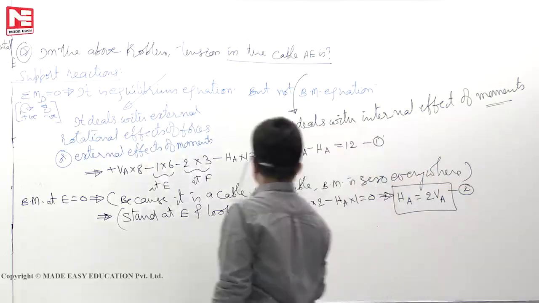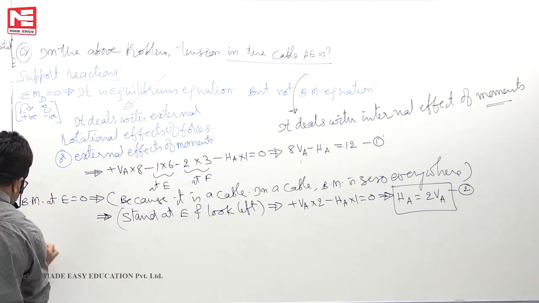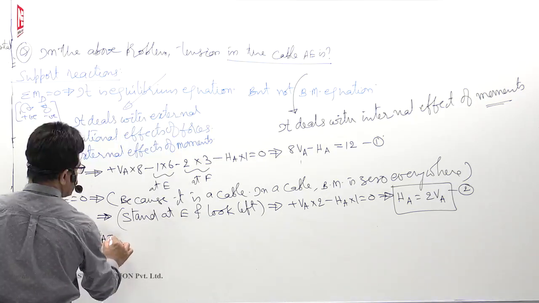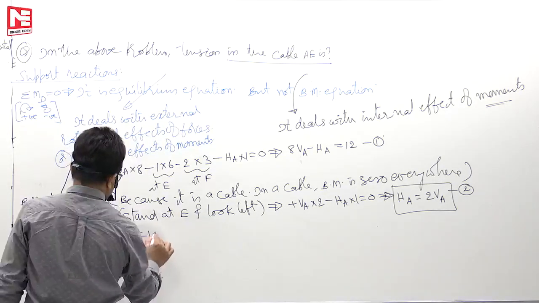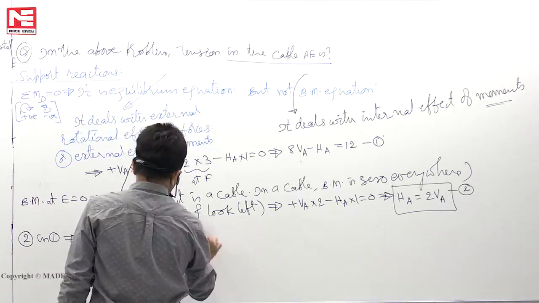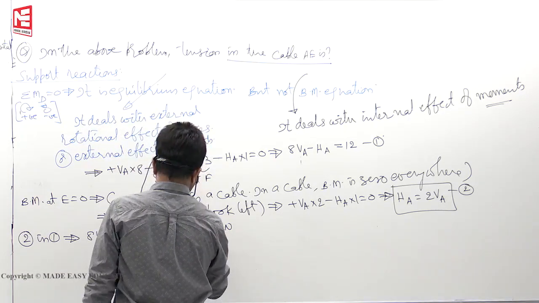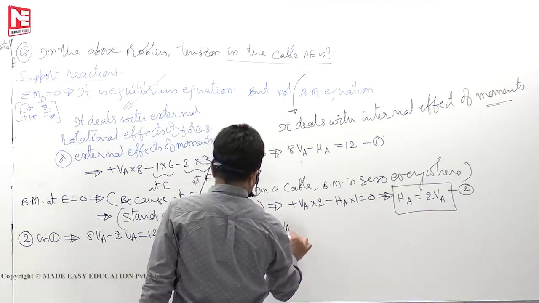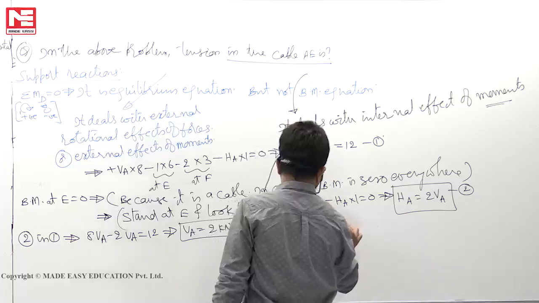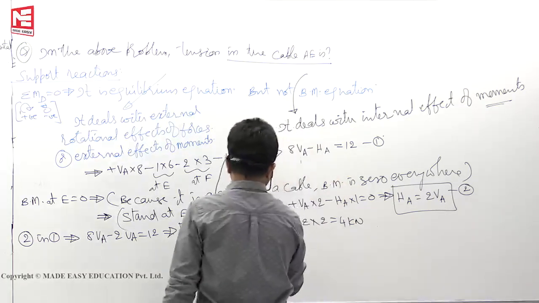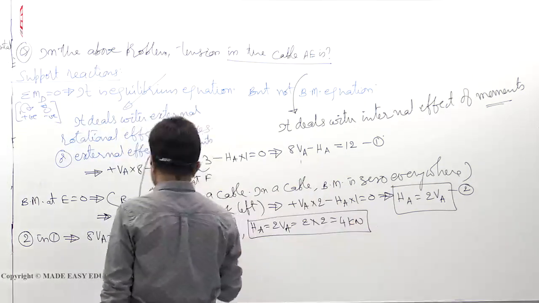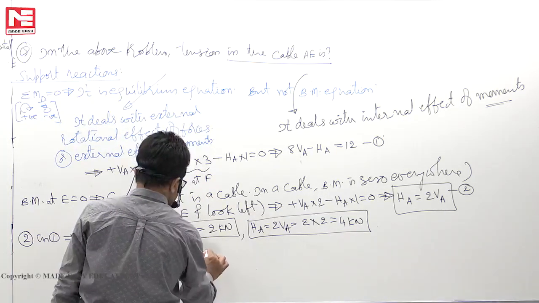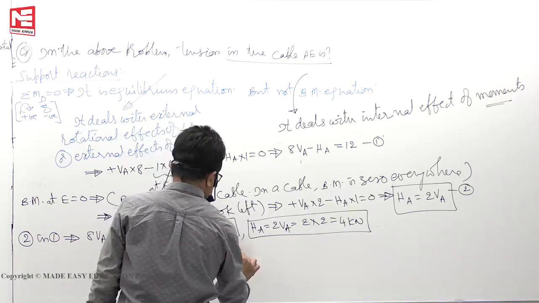Call it as 2. Now, 2 in 1: 8 VA minus HA means 2 VA is equal to 12. So, VA you will get 2 kilonewton. If VA is 2 kilonewton, HA is 2 VA, that means 2 into 2, 4 kilonewton. Then HD will be the same, HD is equal to HA, 4 kilonewton.